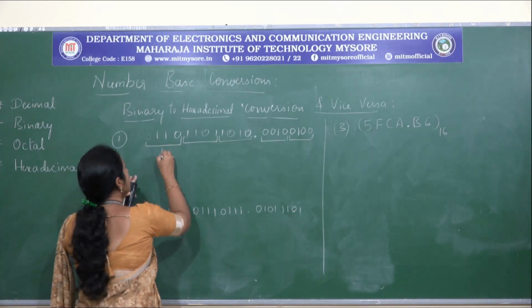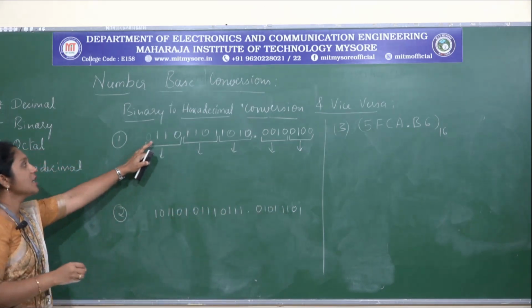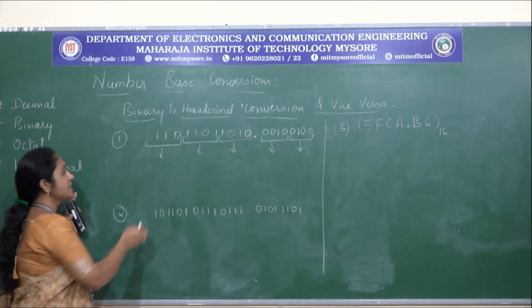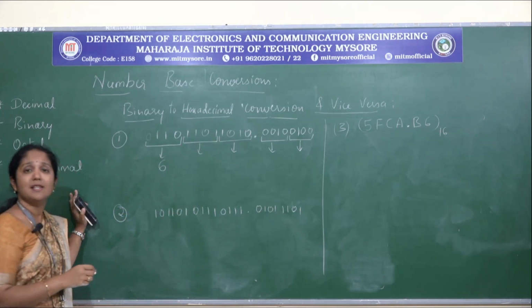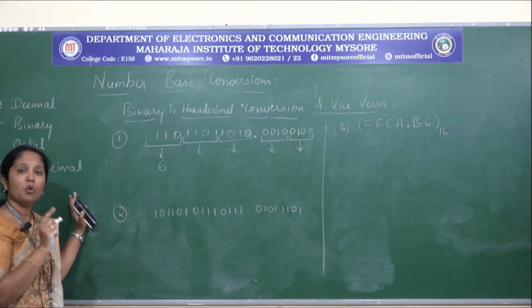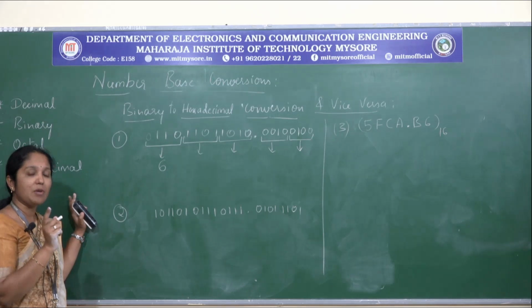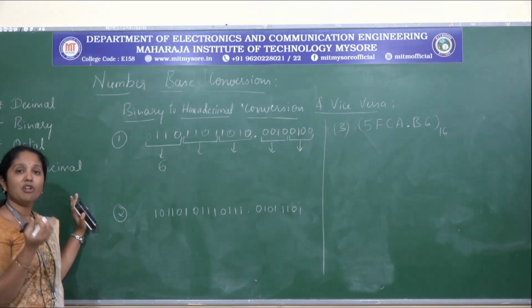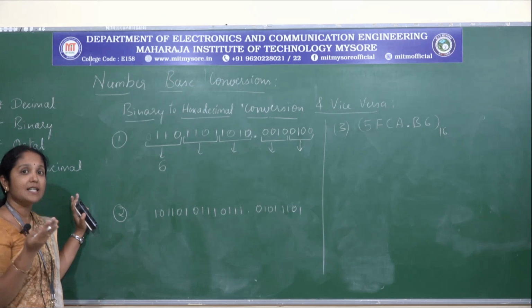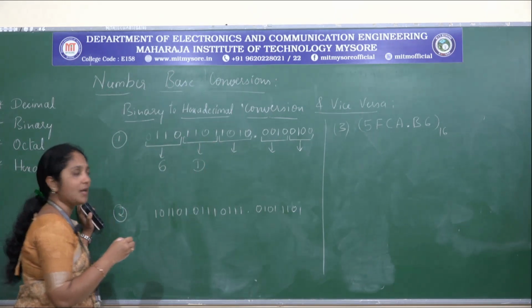What do we have here? 0 1 1 0 is 6. So I can write 6. 1 1 0 1 is 12 plus 1, 13. What is the equivalent of 13 in hexadecimal? You need to remember the table I gave in the previous class. For 10 we have A, 11 B, 12 C, 13 D. So for 13 we write D in hexadecimal.